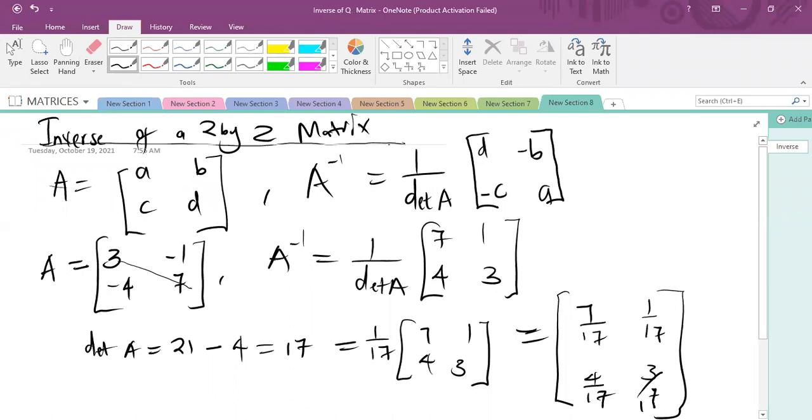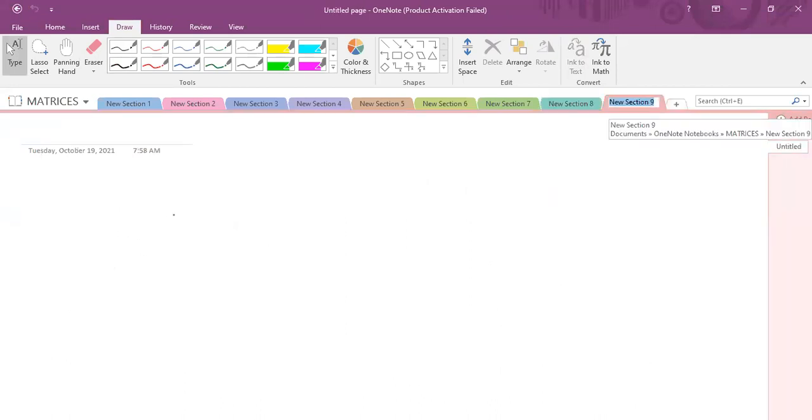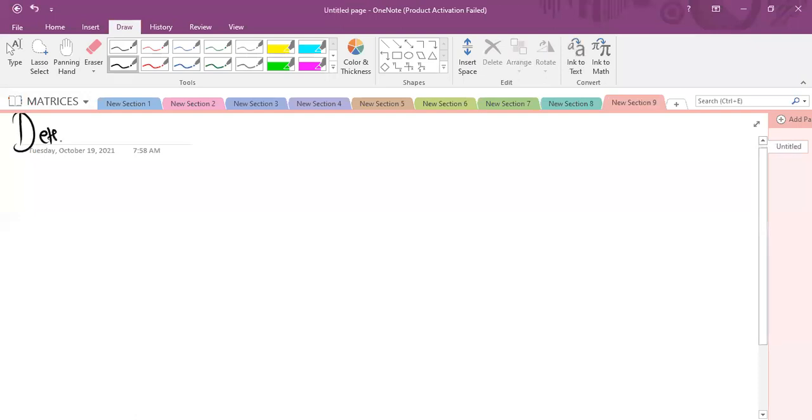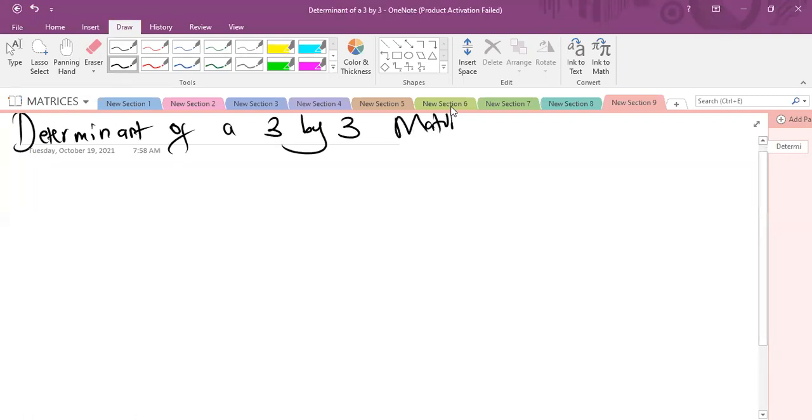Okay, so what of a 3 by 3 matrix? How do we go about getting the inverse of a 3 by 3 matrix, guys?